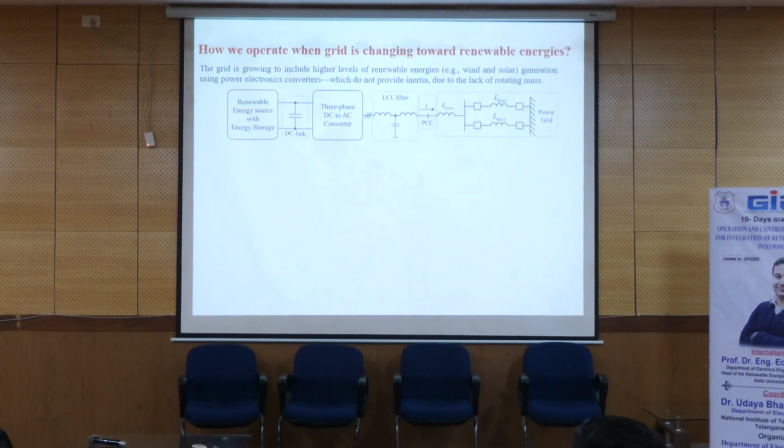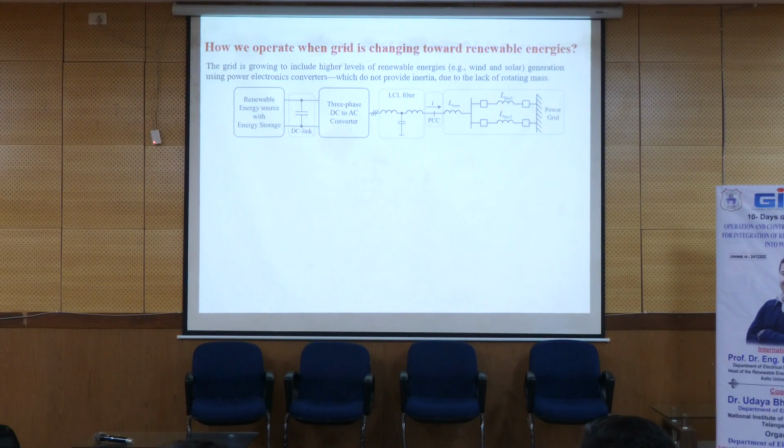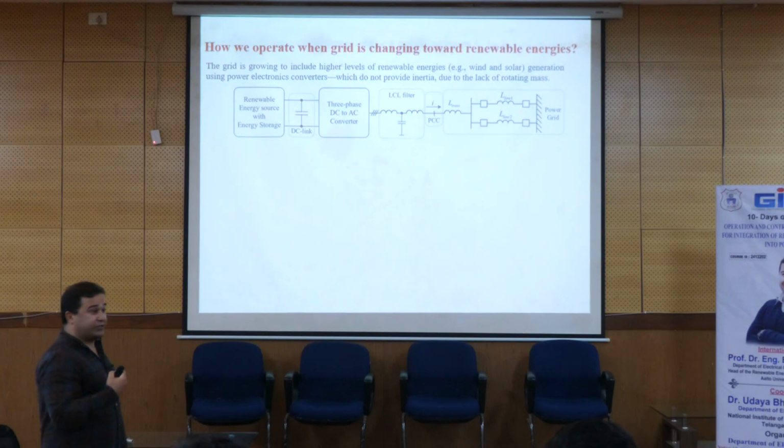This type of technology is very good when we have enough inertia in the power grid, but when generation based on renewable energy sources goes above 30% in the power grid, then some instability issue in the frequency happens, and this is due to lack of enough inertia for the power grid.